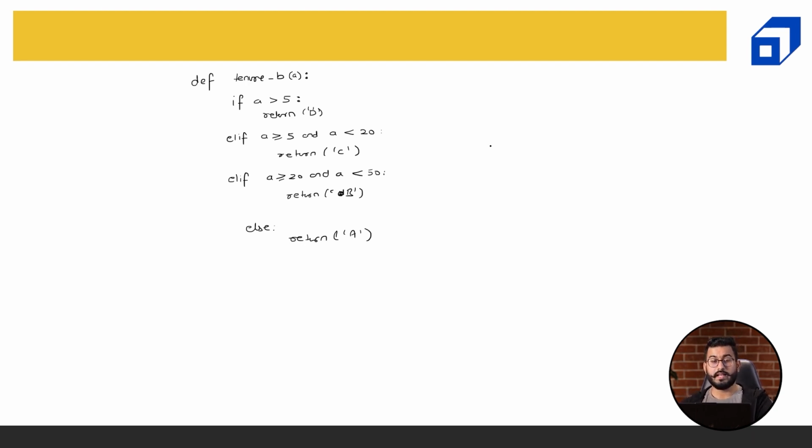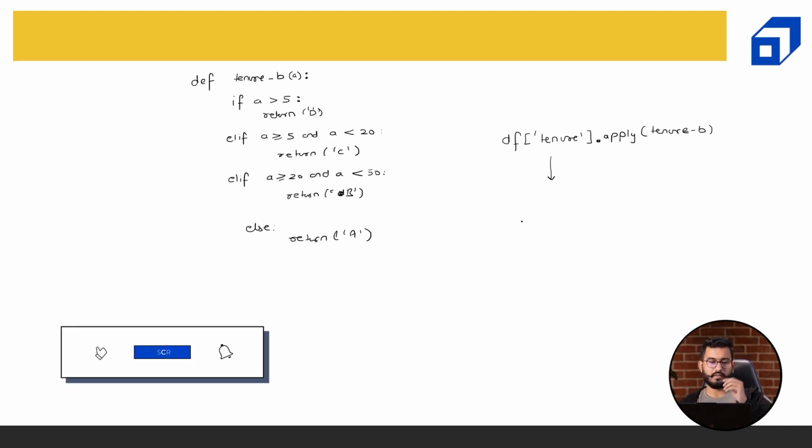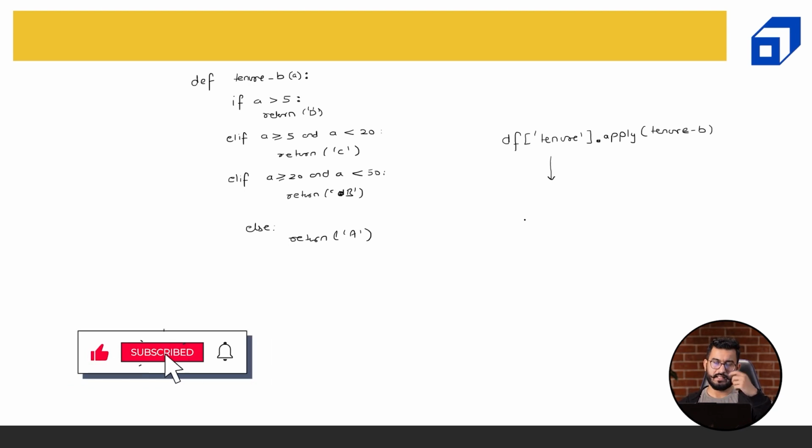If I want to apply this function to an existing column, I'll just say df, the column name, which is tenure, dot apply, this function tenure_b. Now it will generate a new series which will have values such as a, b, c, d.